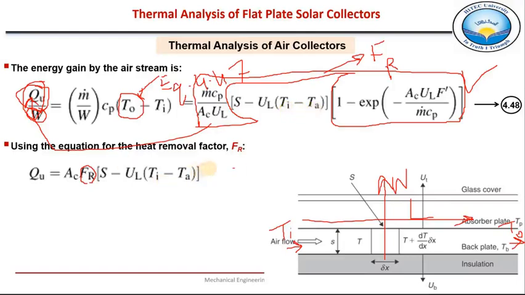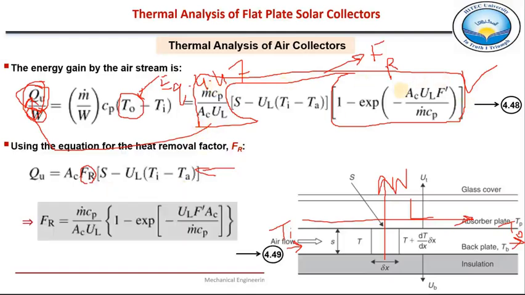So that is the same general form of energy balance which we have used in liquid flat plate solar collectors also, where F_R is this whole complex term, right? So here we can show it separately. We can simply show the energy gain of an air type solar collector with this equation, and in this equation this F_R is written here, right?